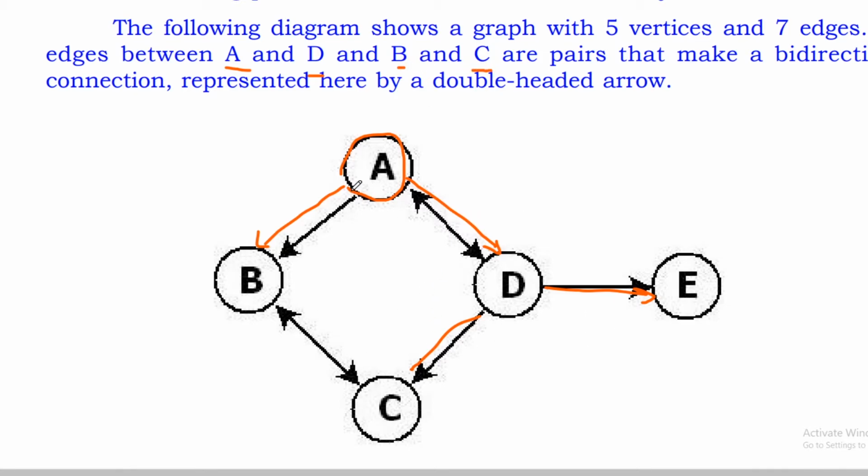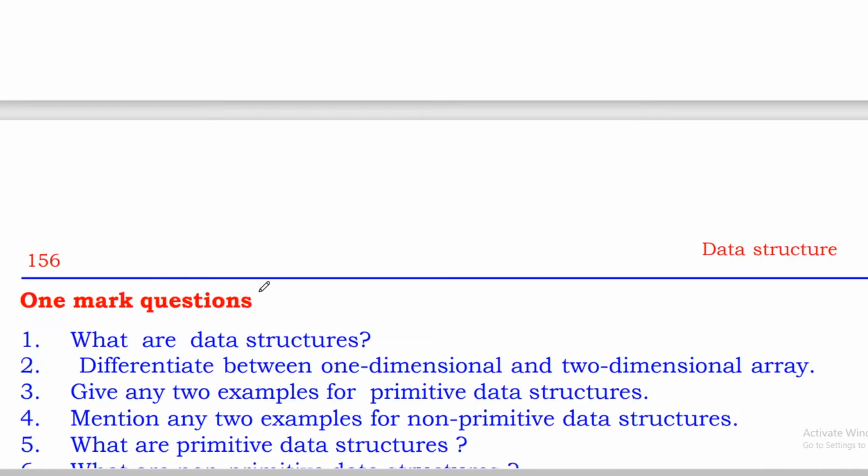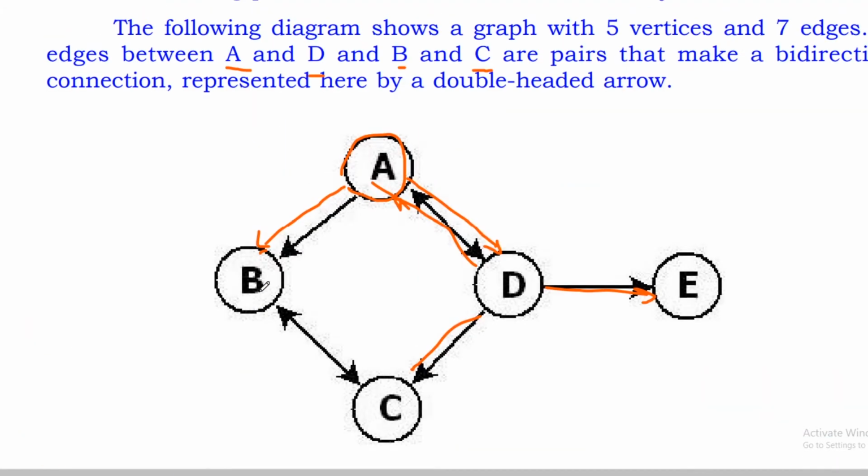We can traverse like this, and we can go back also. You can reach the next adjacent vertex and you can come back. But from A to B it is unique. You can go like this, but you cannot go back. That's a directed graph. So this is how graphs look. This is a simple example.